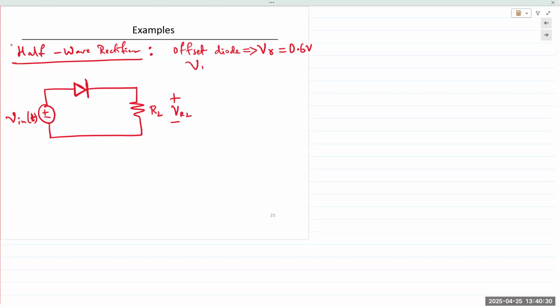V in RMS is given as 20 volts, and the RL value is given as 50 ohms.